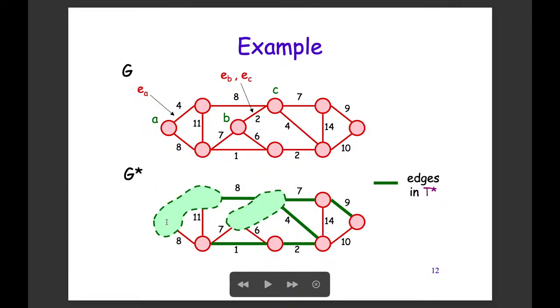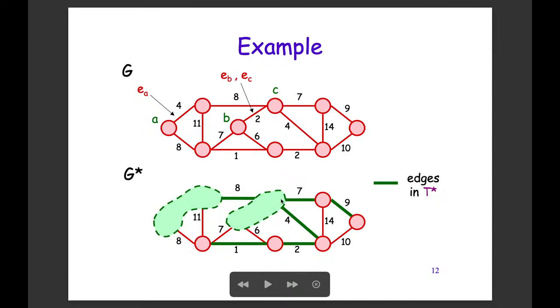It means that once we know that these edges are there, we can connect the nodes here into a single node and connect the nodes here into a single node, so that we just need to focus on finding the minimum spanning tree to connect the nodes in this new graph, G star. So G star is obtained from G by merging the nodes here and merging the nodes here, each one of them into a single node.